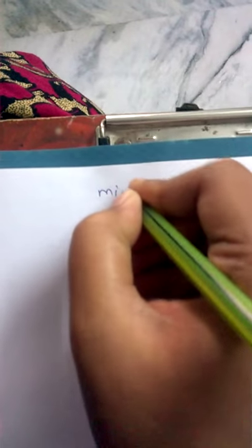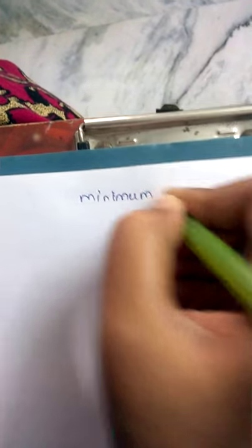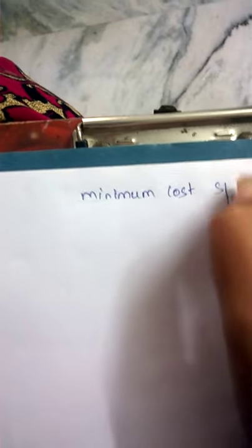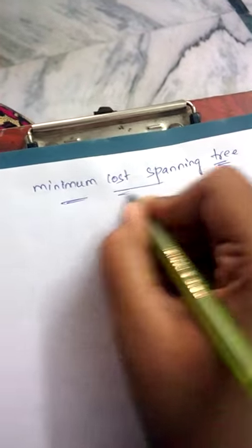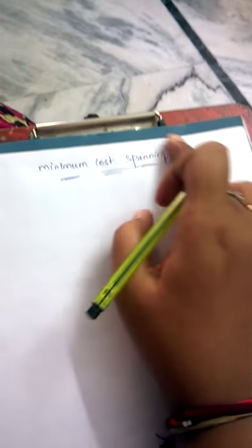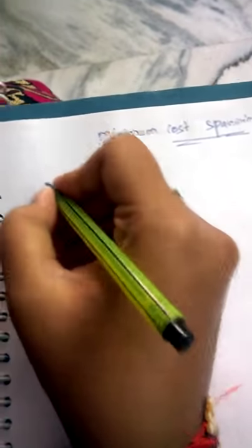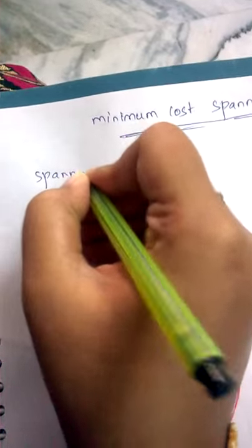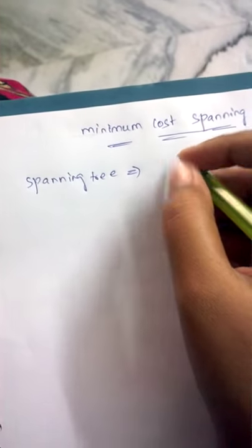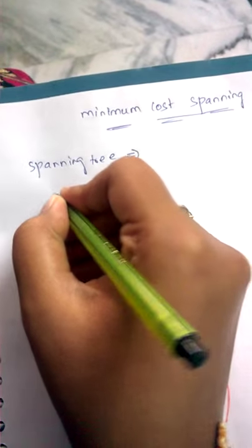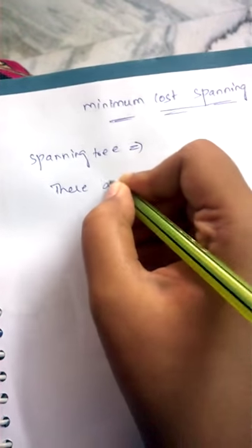Today we are going to discuss minimum cost spanning tree in DAA. Before knowing about minimum cost spanning tree, you first have to know what a spanning tree is. A spanning tree is a tree where there are equal number of vertices.